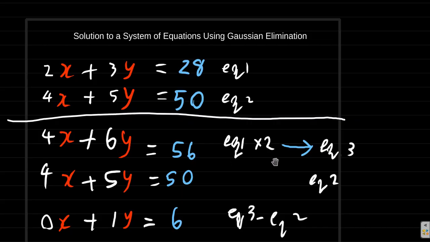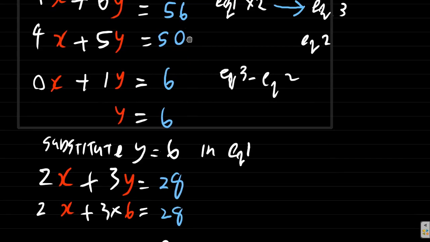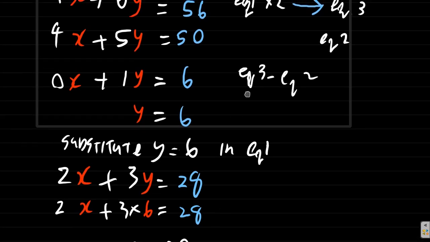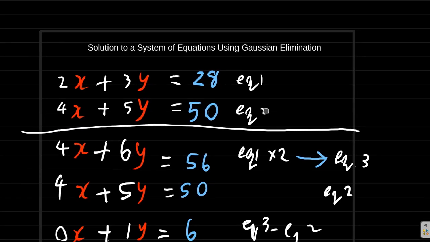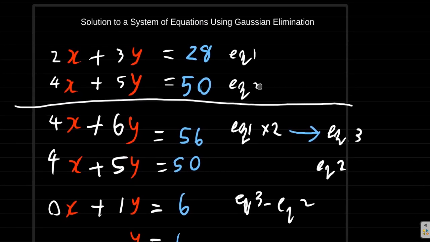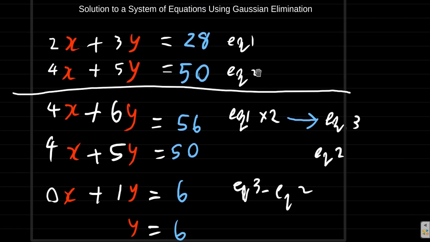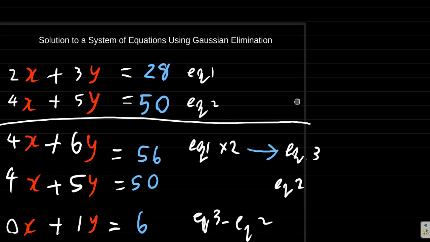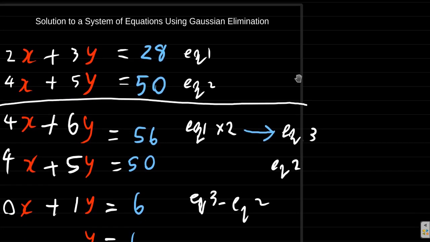Alright, this is where we left off in our last video. So we solved this pair of simultaneous equations using the usual elimination method. Now let's look at the Gaussian elimination method for this same pair of equations.